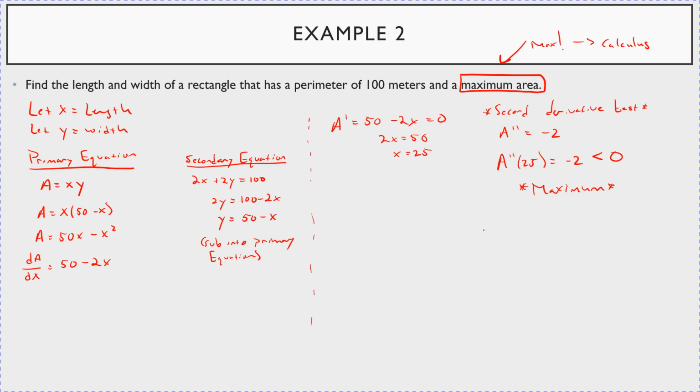You found the maximum value. So we know x is equal to 25, and y, going back, is just 50 minus 25, which gets me 25. So these are the length and width that maximize the area.